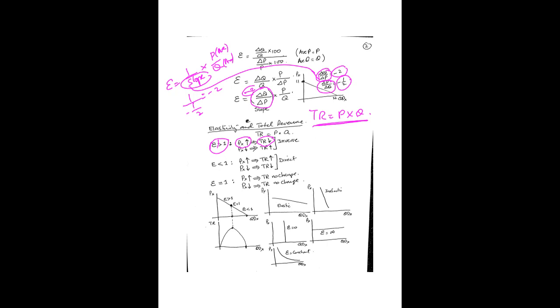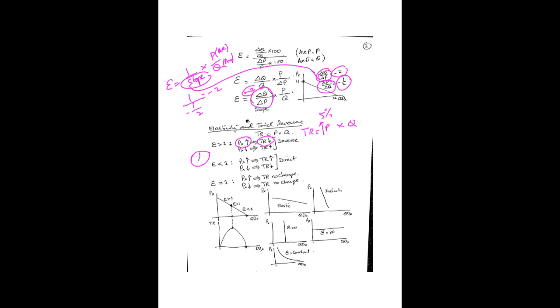Hold on. Let me erase this. I'm sorry. Let me do this again. So see, total revenue is price times quantity. Suppose the price increases by 5%, then your total revenue will also increase by 5% if there's no change in quantity.